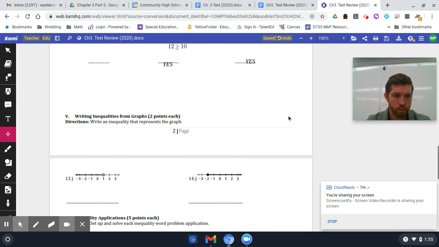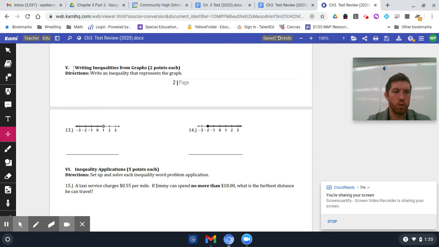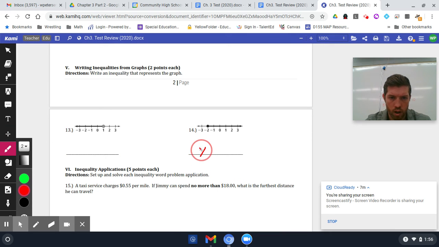All right. So now we're trying to graph these. We're trying to name them. So we always start with x, and then we look at the number it's on, so -2. Now we just need to choose the symbol. Well, this is a filled-in circle, so a filled-in circle is going to be one of these two.